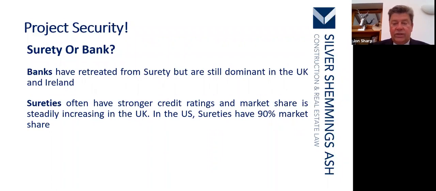In the US, sureties have 90% of the market share. And again, until the recent crisis, I would have still agreed with that statement. But as I expressed, I am concerned about what the state of the insurance market is going to be after, or if, they are asked to start paying in relation to COVID-19 losses.